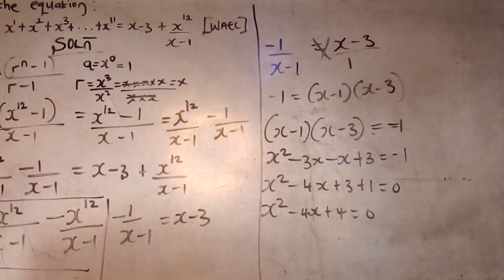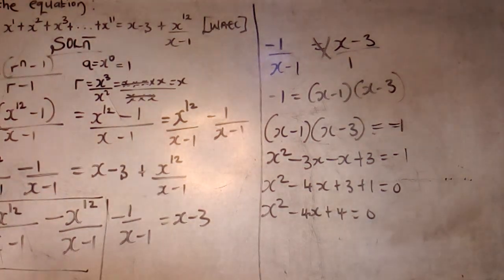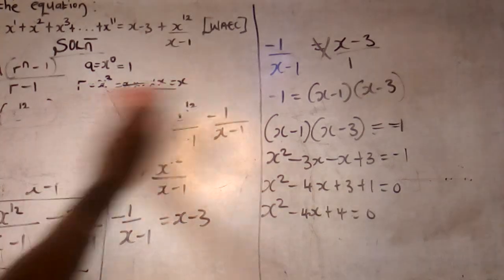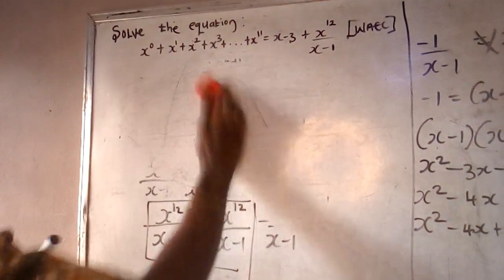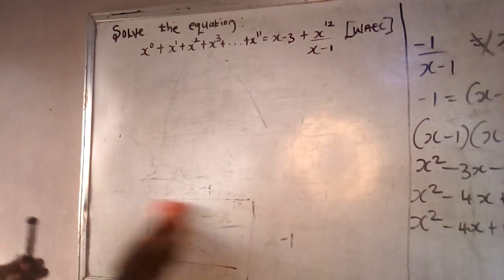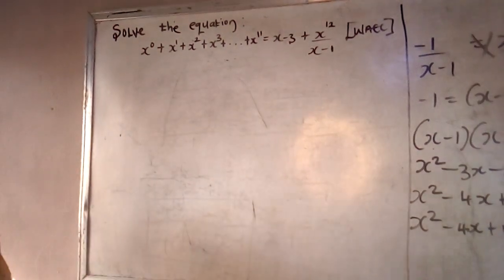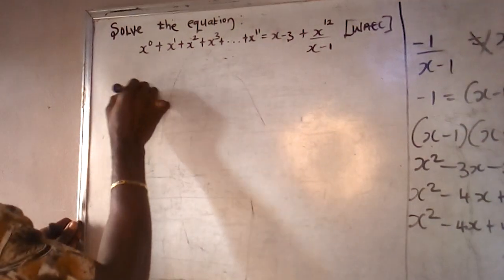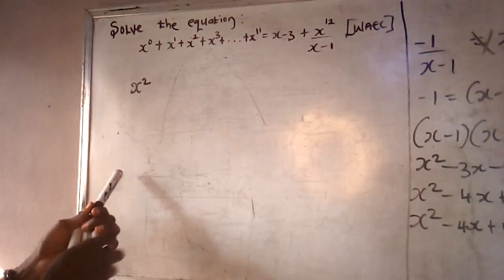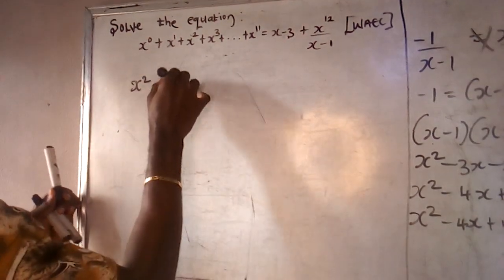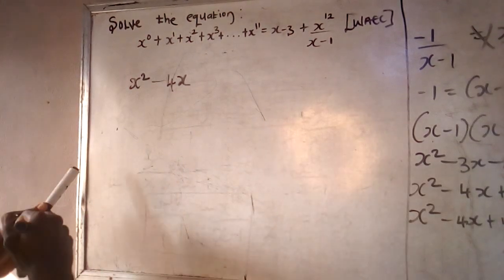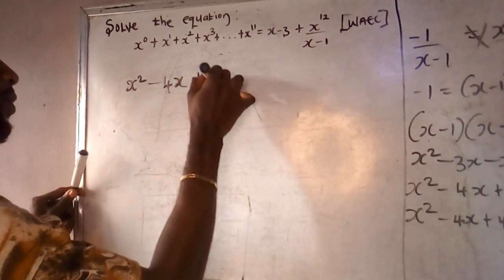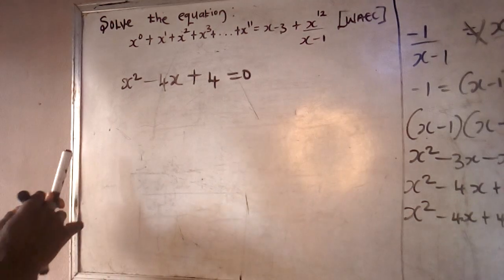So this becomes x squared minus 4x plus 4 is equal to 0.